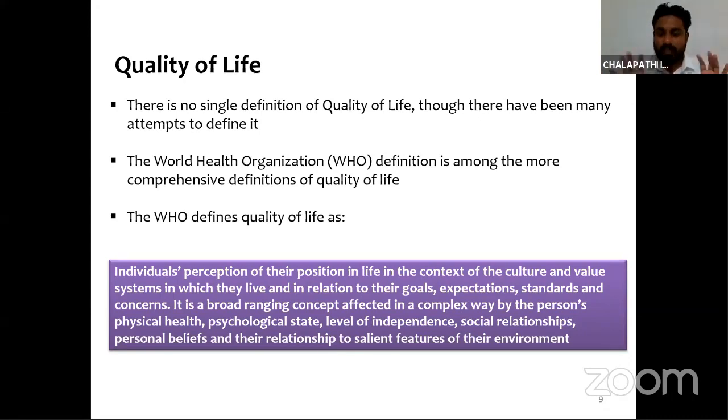Similarly, when we are dealing with patients, each patient's perspective of quality of life will differ. If you ask a cancer patient who has been on chemo for a long time, within the four walls of a hospital, what he wants, he may say he just wants to go out of this hospital. That is his quality of life.